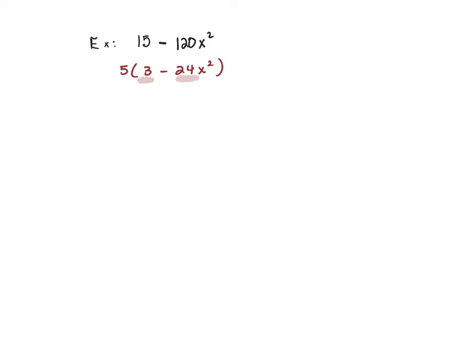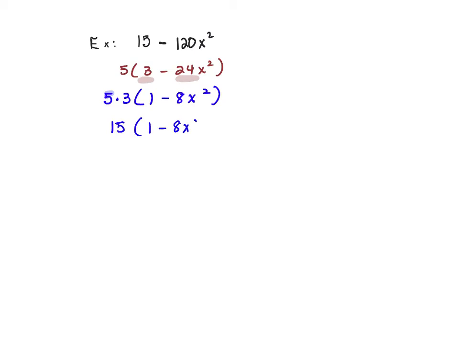So I can take out another factor. Okay, there's no harm in not getting your GCF the first time. So I'm going to bring that 3 out now, leaving me with 1 minus 8x squared, like so. This is now a 15, 3 times 5 on the outside.